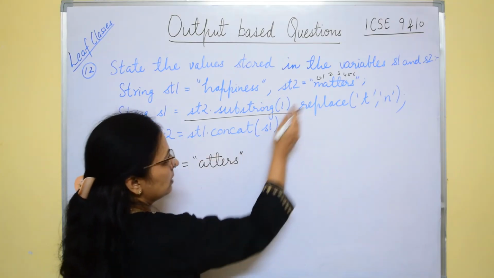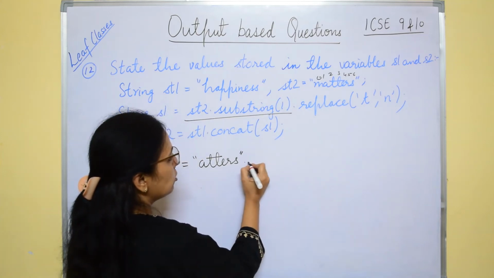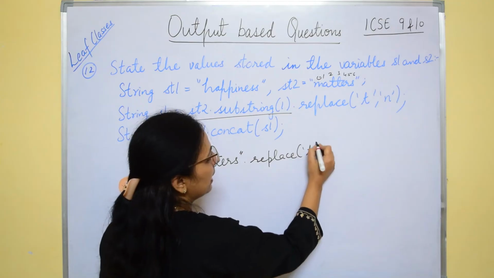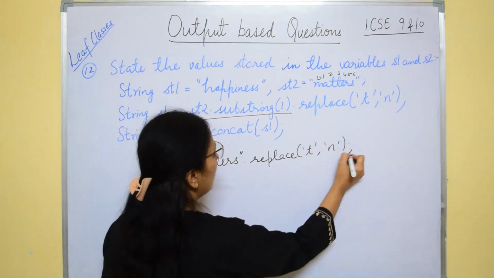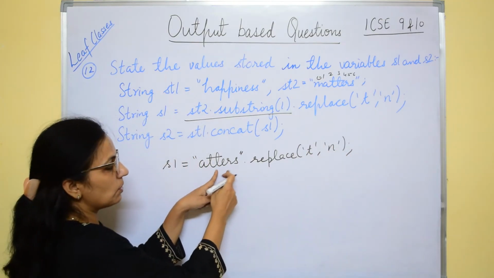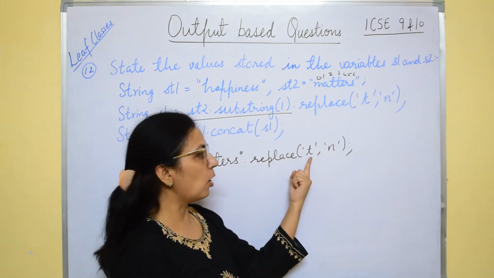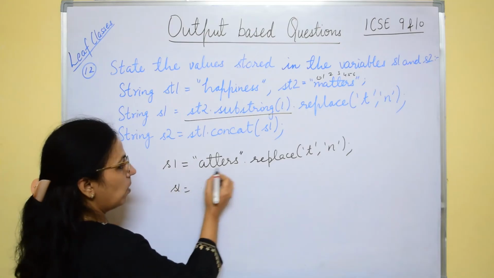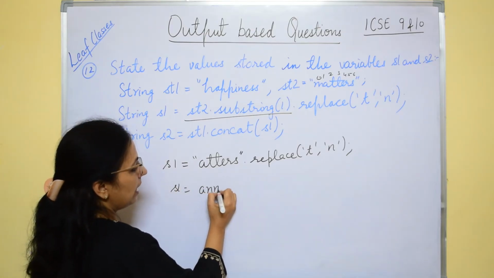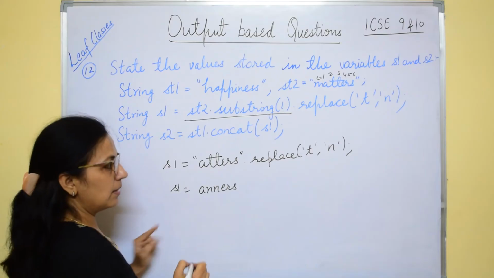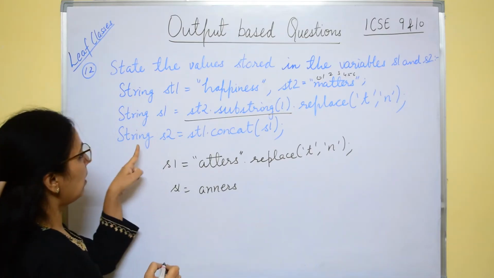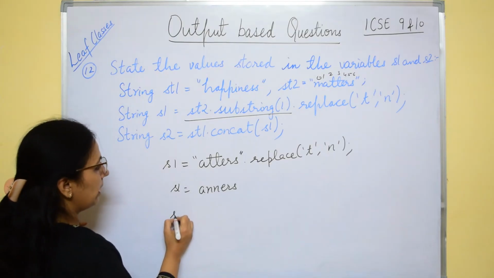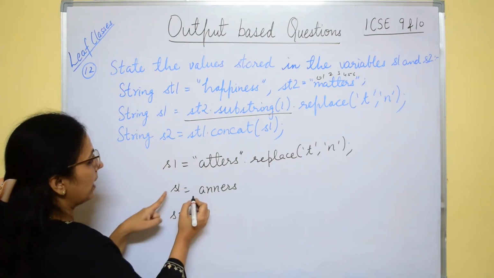that is atters, starting from 1, all the characters, dot replace. The same thing I am writing here again and then we will solve. Now from this string you have to replace all t with n. So S1 will be now ANNERS, right? Now the string S2, S2 will be ST1.